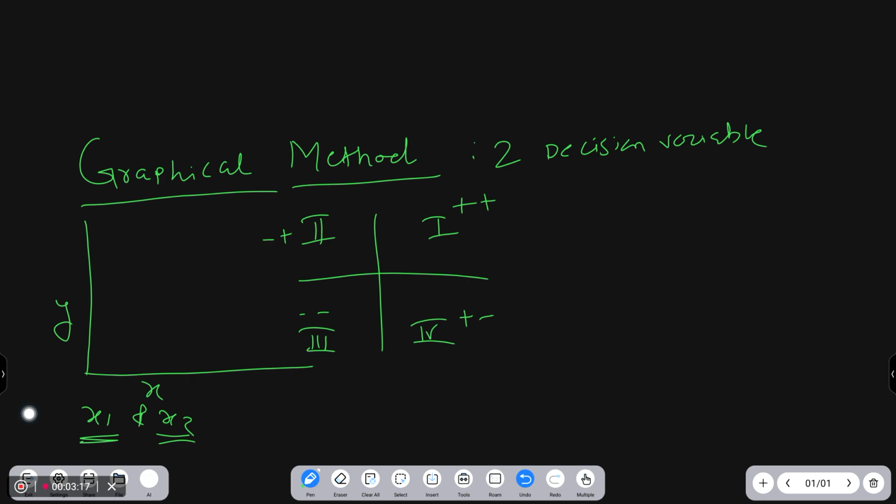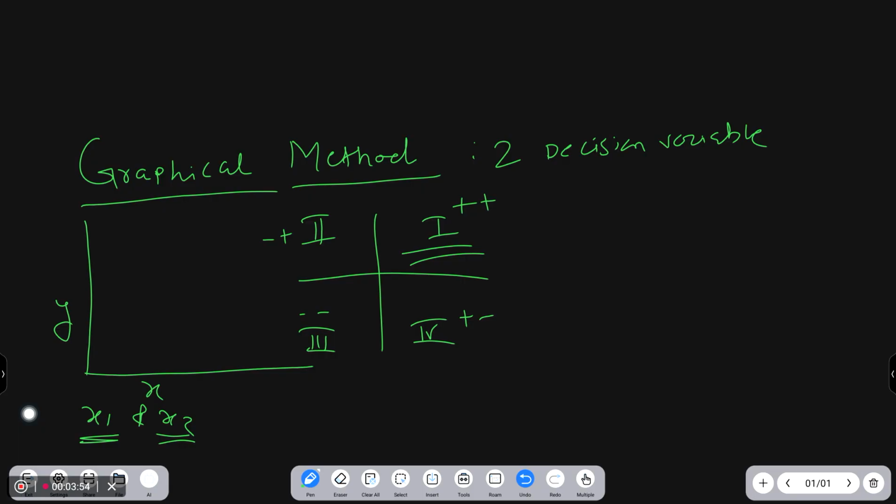In the graphical method, a very important concept to keep in mind is that you have to get an optimal solution by plotting a graph in the first quadrant only. In which quadrant do you have to plot the graph? It's very important: in the first quadrant. You have to mark a feasible region to get an optimal solution. This is the very first rule of the graphical method. What is the first important point I told you?